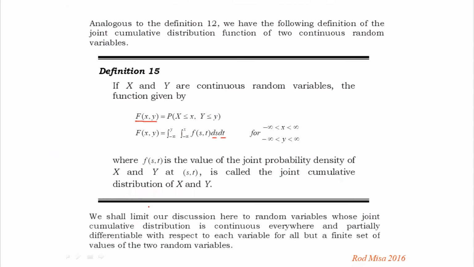And we shall limit our discussion here to random variables whose joint cumulative distribution is continuous everywhere and partially differentiable with respect to each variable for all but a finite set of values of the two random variables.